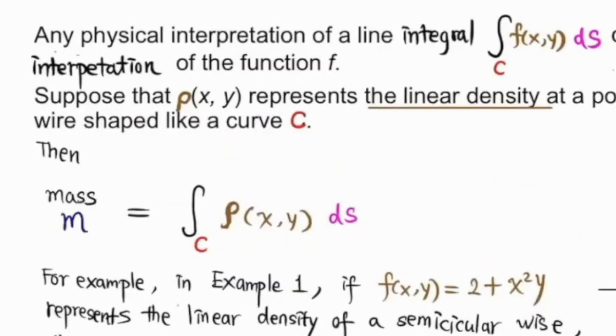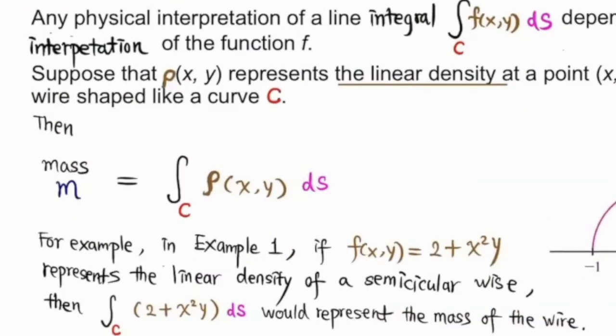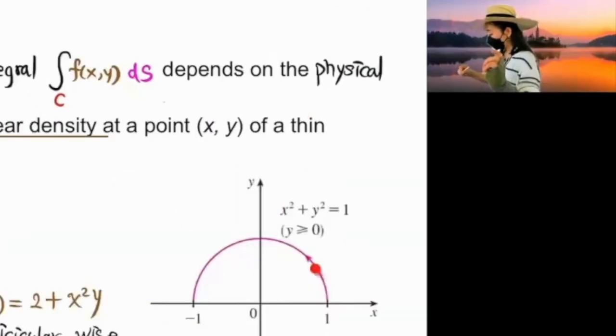The physical interpretation of the integral depends on the physical interpretation of the function. Remember, mass of the object. If rho here represents the linear density, think about this as a wire. You have a wire over here in this half circle shape, and the rho over here is the linear density.